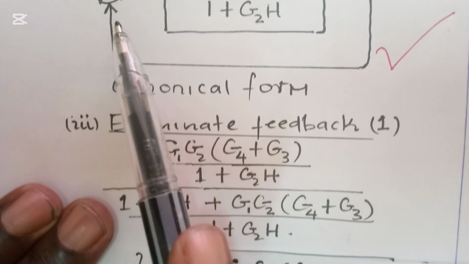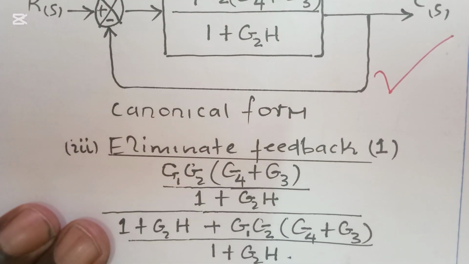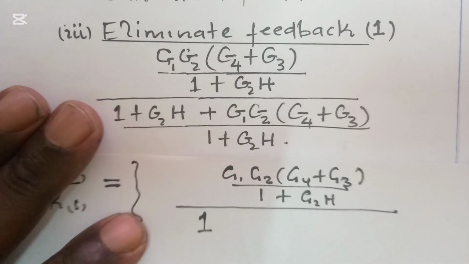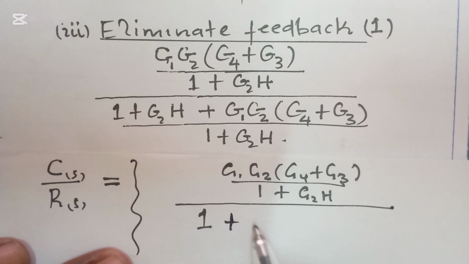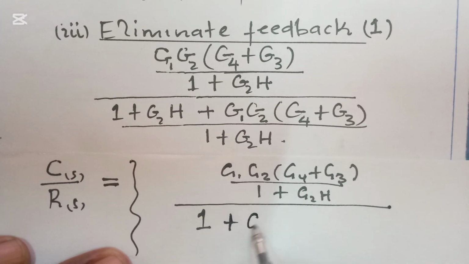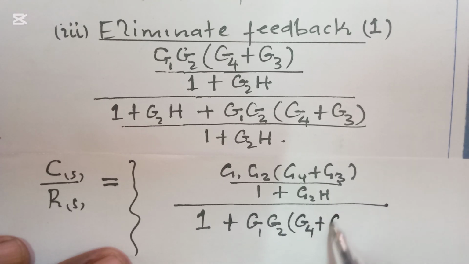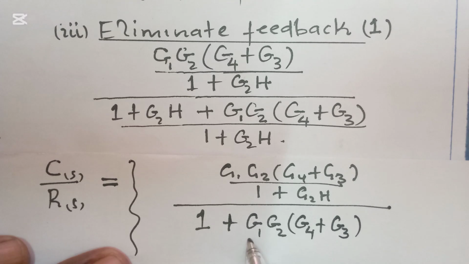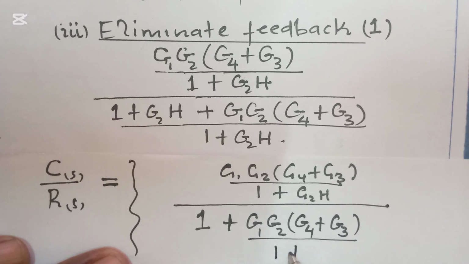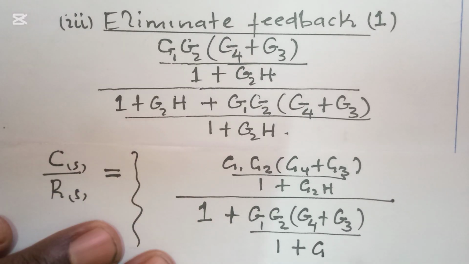This is the minus we are talking about. Then this is going to be a plus here. Then we have G1, G2, the whole of this is supposed to be G, G3 all over 1 plus G2H.